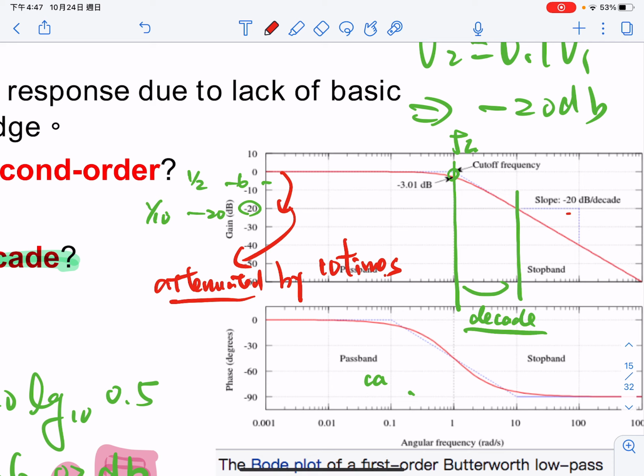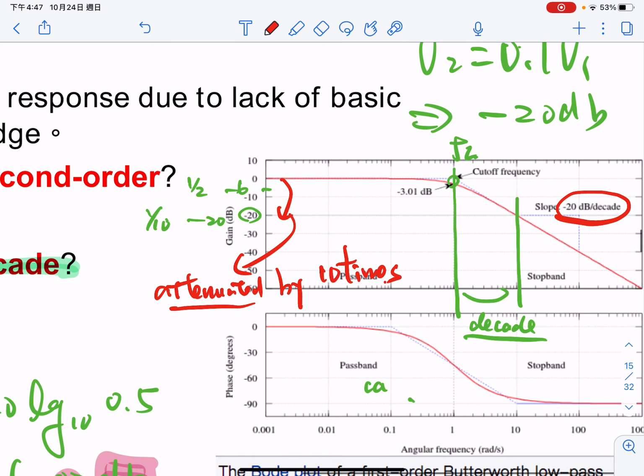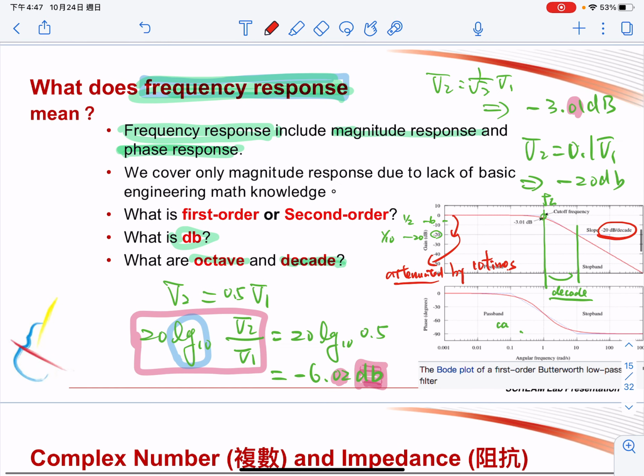This is how we call minus 20 dB per decade. And if the filter is minus 20 dB per decade, we call it first order.